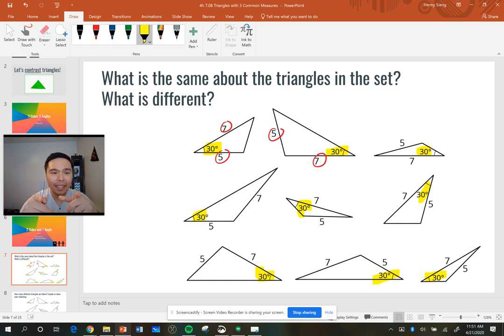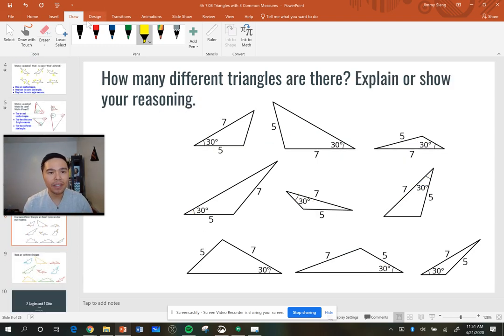Okay, when I look at this, it doesn't really look like it's the same shapes, right? You have all these different kinds of triangles. If I was to put them on each other, it's kind of different for most of them. But we could also see they have the same sides, 5 and 7, and then the same 30 degrees, okay? But my next question is, so how many different triangles are there?